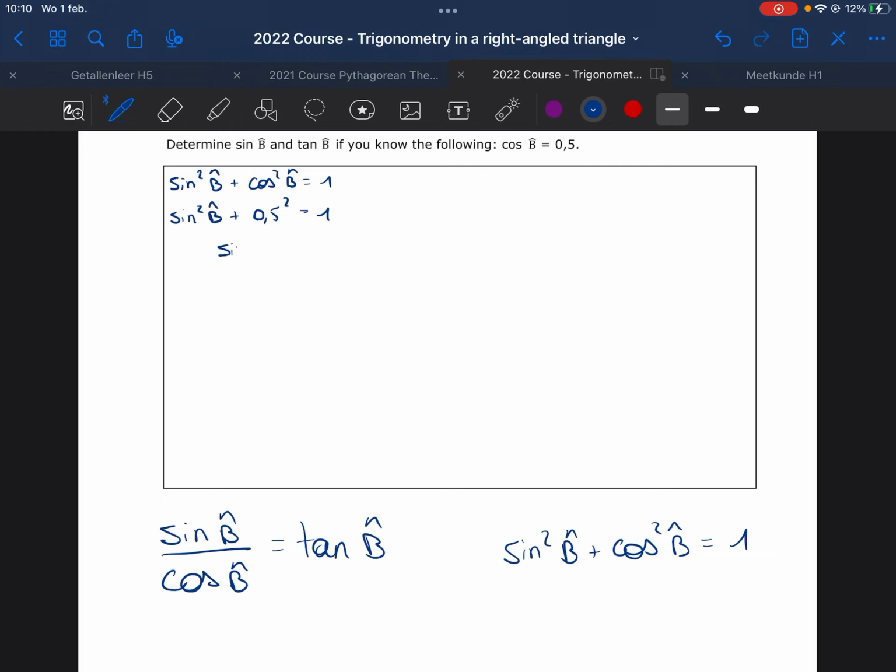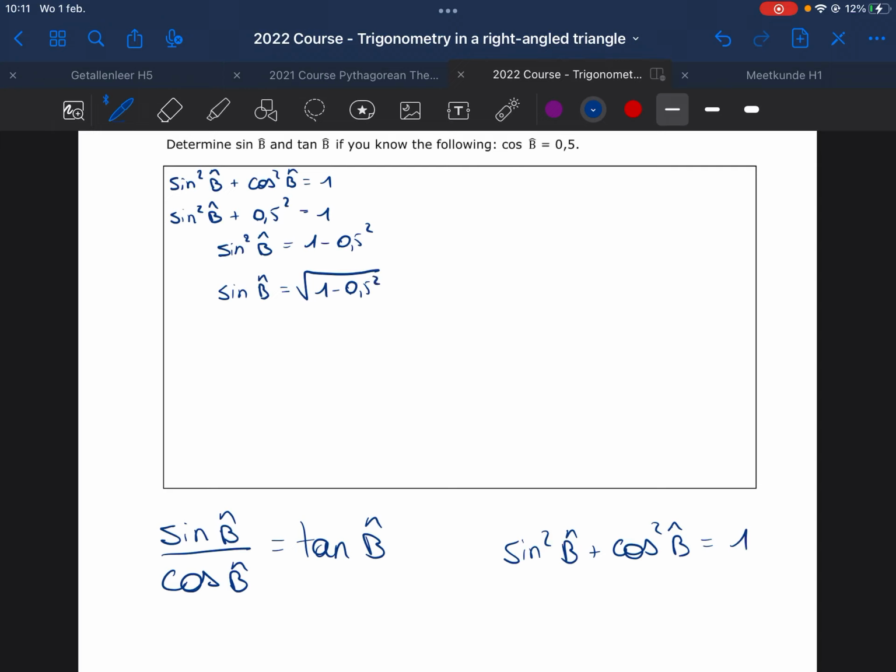Okay, let's transform this equation. So the square of the sine of B should equal 1 minus 0.5 squared. And then, well, we're not looking for the square of the sine of B, we're looking for the actual sine of B. So that should equal the square root of 1 minus 0.5 squared.